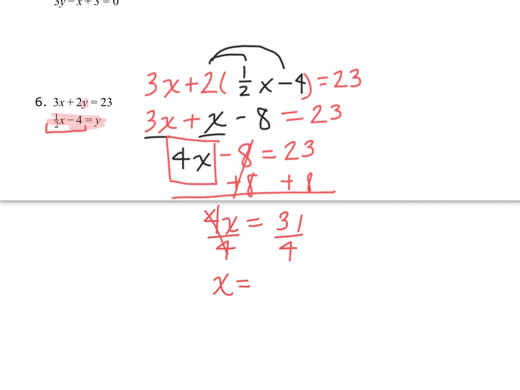So 31 over 4 is a decimal, so I can get the decimal, or I can leave it as a fraction, and the directions here say to leave these as fractions. So I'm going to leave my x value as 31 over 4. So my x value is 31 over 4.